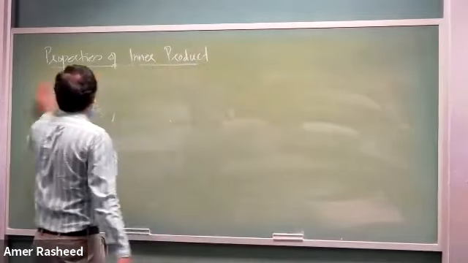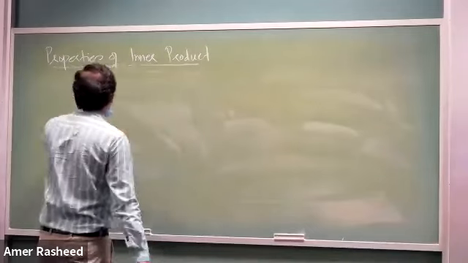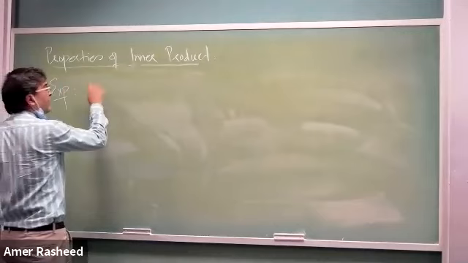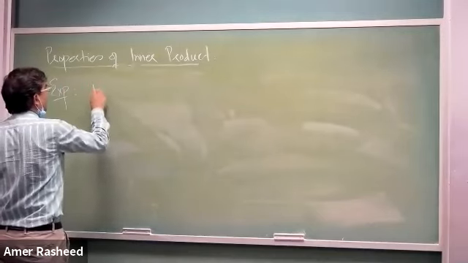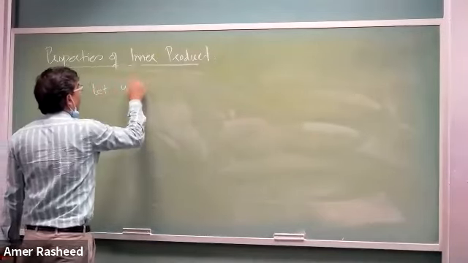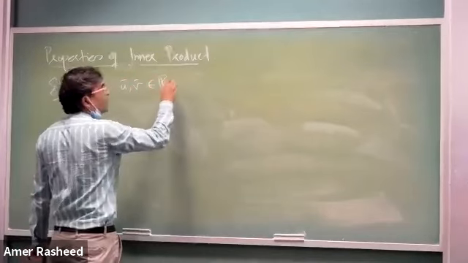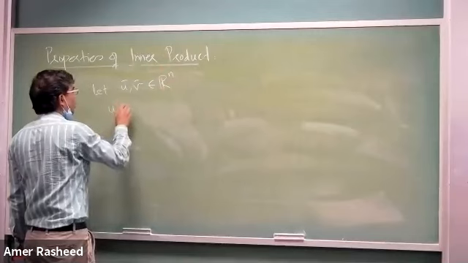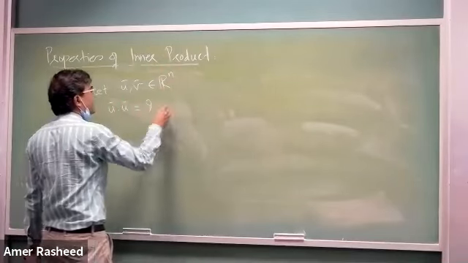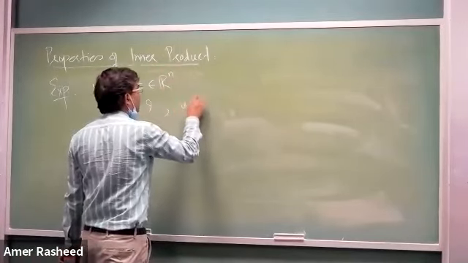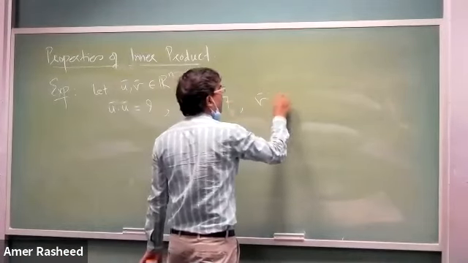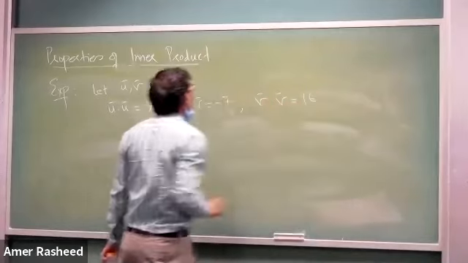One other example of how to use the properties of inner product: for example, let u, v belong to R^n, and it is given that u dot u is 9, u dot v is -7, and v dot v is 16.